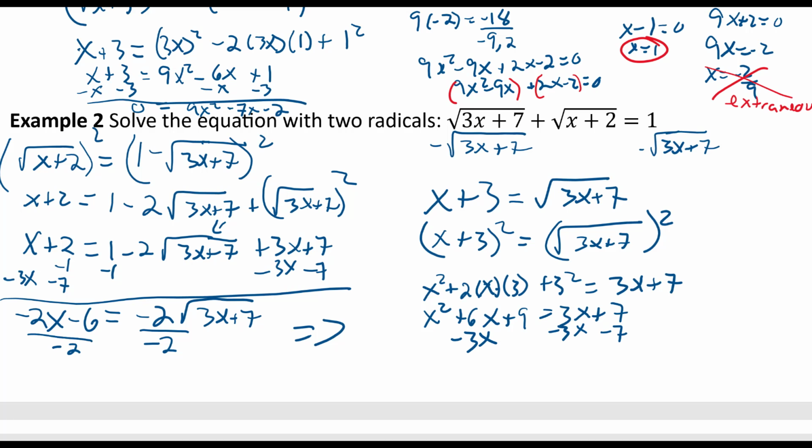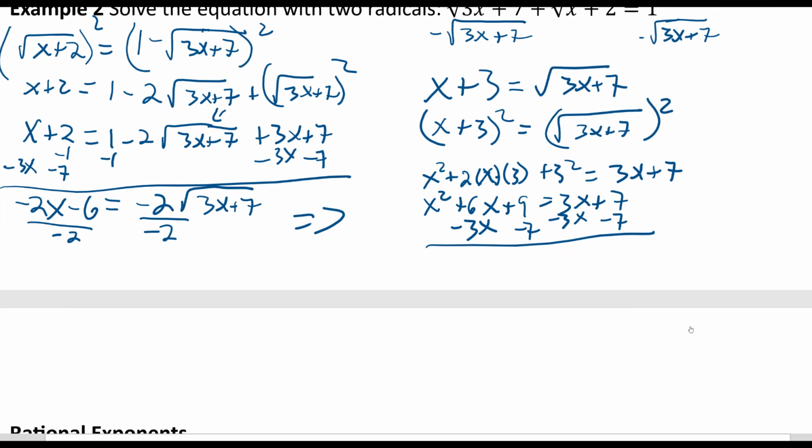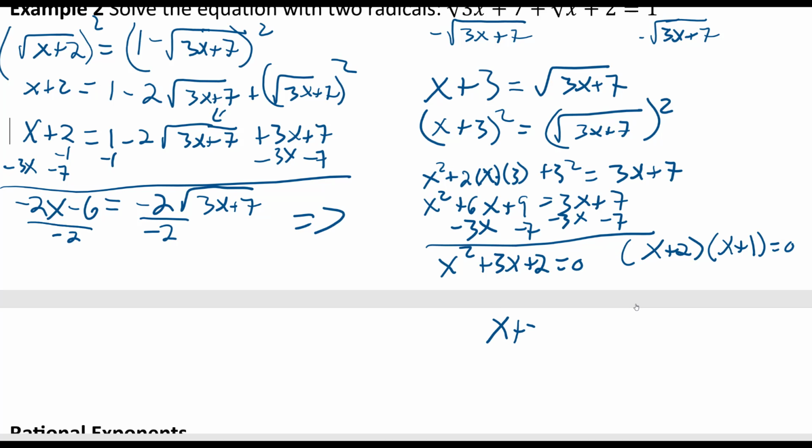Subtract the 7 from both sides. And we will have x squared plus 3x plus 2 equals 0. And that factors to x plus 2 times x plus 1 equals 0. So x plus 2 equals 0 means x equals negative 2. X plus 1 equals 0 means x equals negative 1.